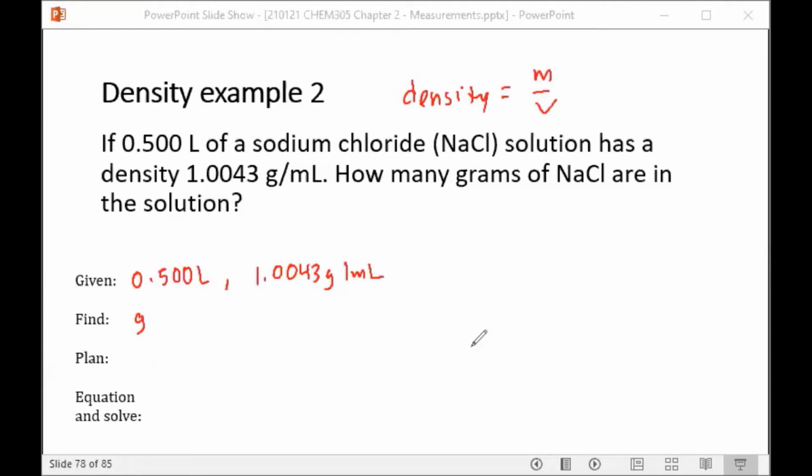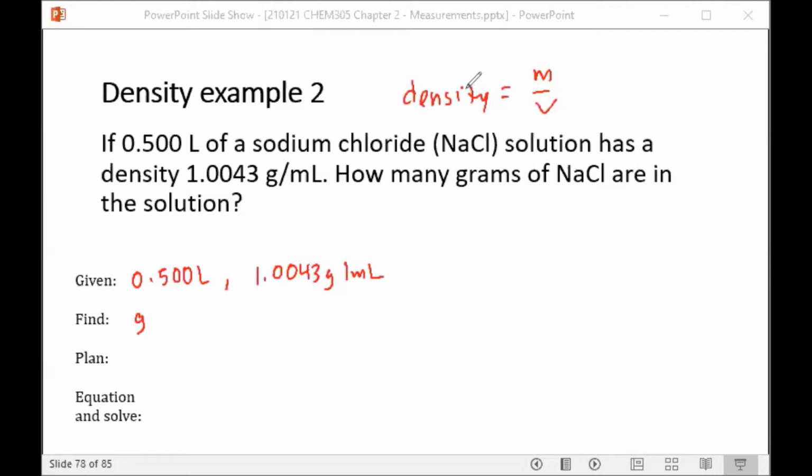What we need to make sure is that when we set up this equation, our units cancel out so that our volumes and our density cancel out with the V in our equation here, and that our density mass matches the mass unit here. So if our density is in units of grams per milliliter, mass will be grams and volumes will be milliliters.